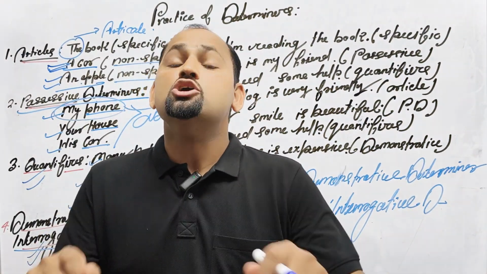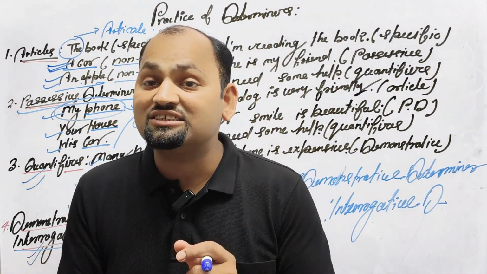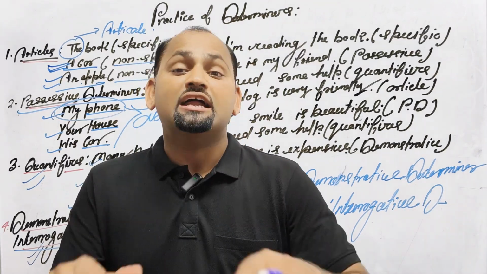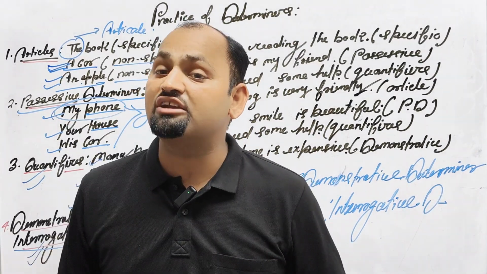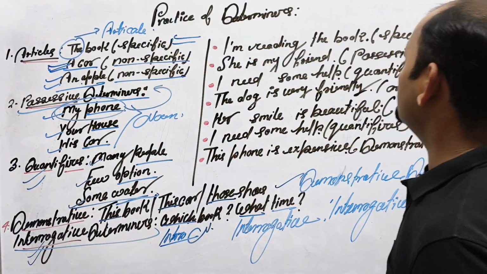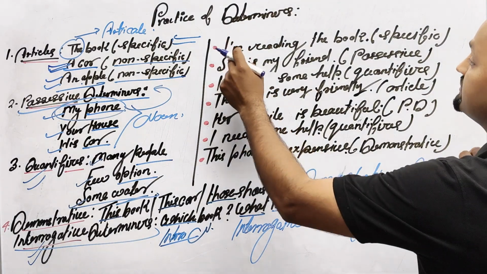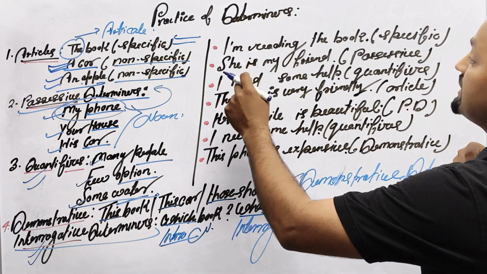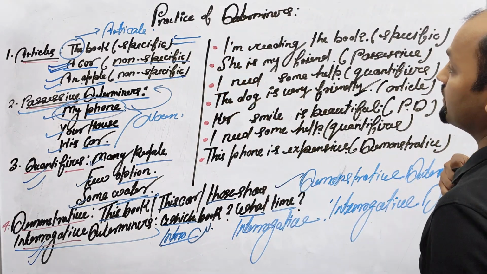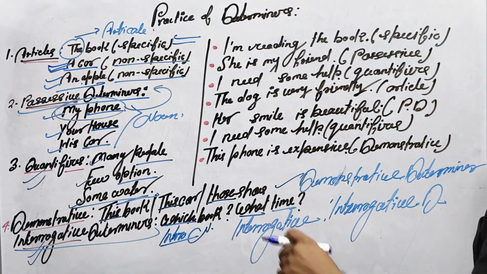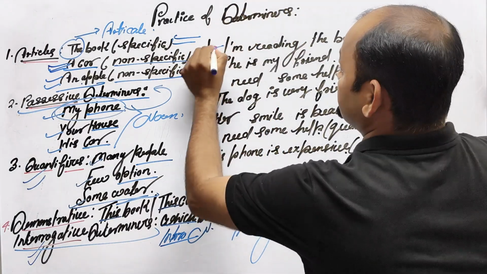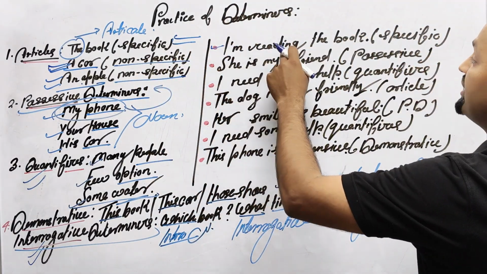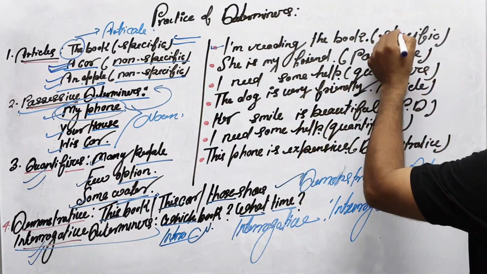If you are understanding, let me give you a few more examples. Try to attempt them, try to solve them, and clarify your doubts. Look here, I have written one example. Example number one: I am reading the book. The book, why?